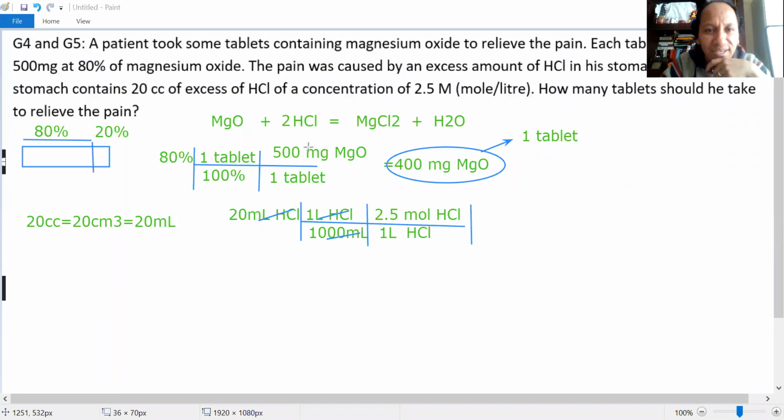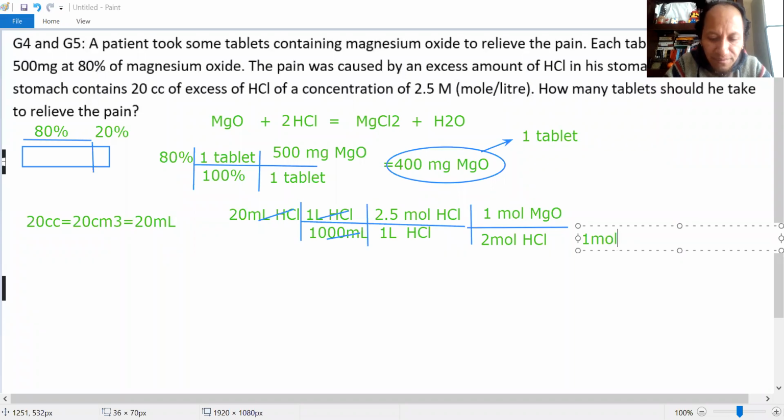My reaction says what? That 2 moles of HCl react specifically with 1 mole of MgO, which is the magnesium oxide, right? Got it? And also, you need to pass the moles of MgO to grams of MgO.